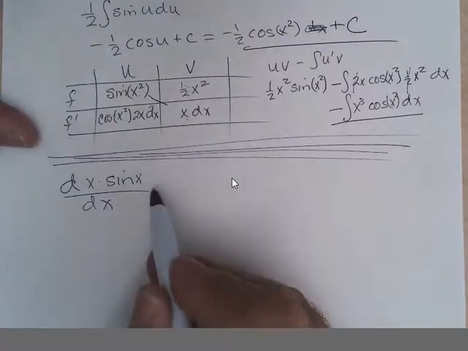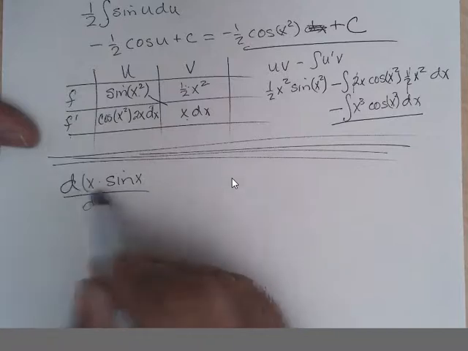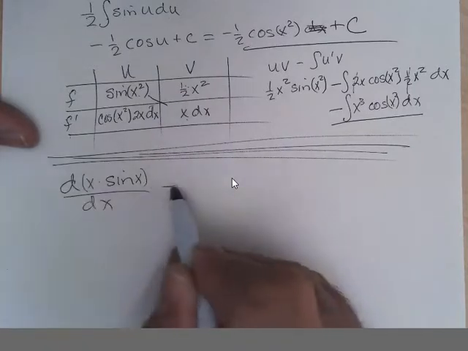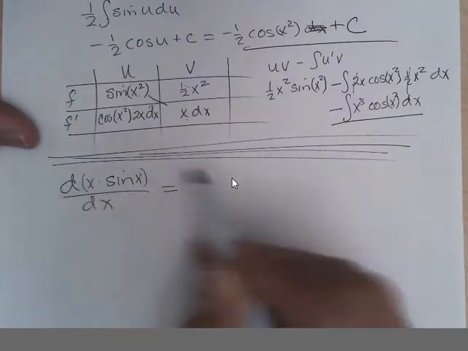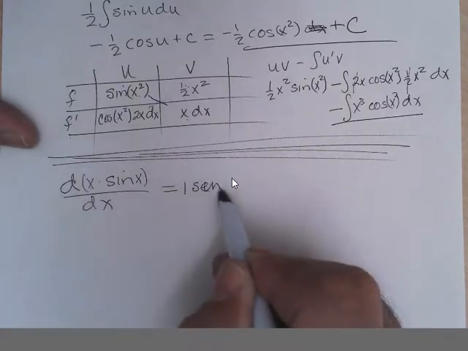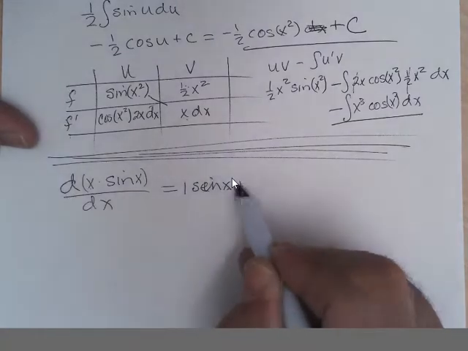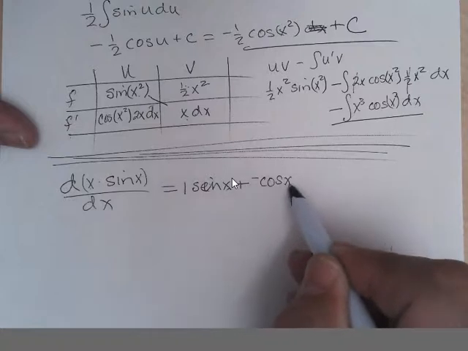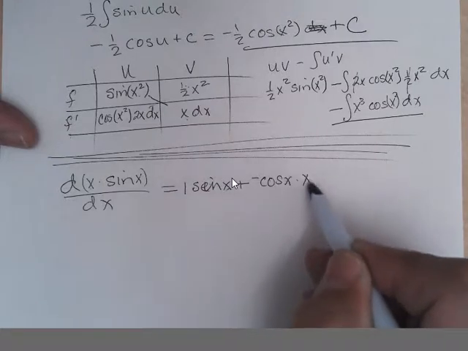So I'm going to try to show you that. So the derivative of x sine x is the derivative of the first, which is 1, times the second, plus the derivative of the second times the first.